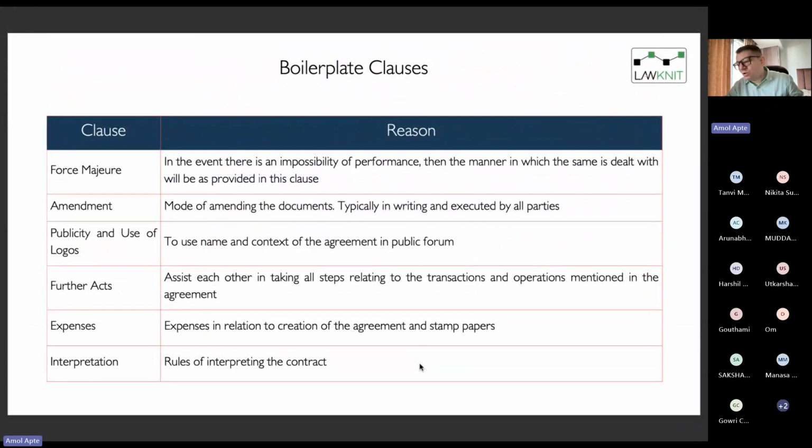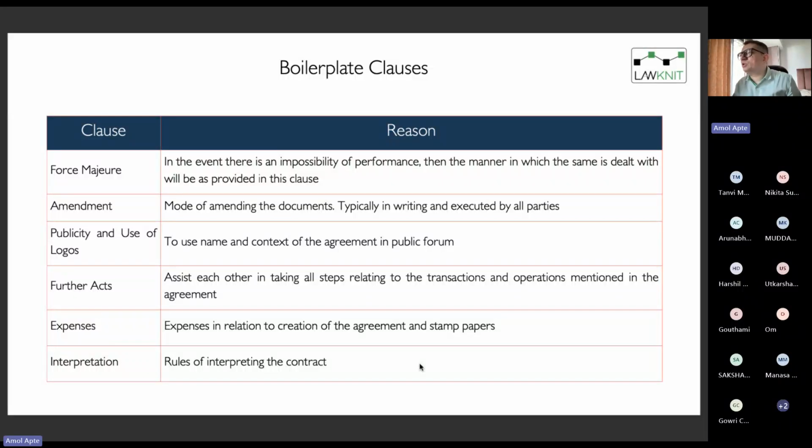Force majeure. After COVID, this clause has become the most talked about clause. Typically, it deals with events which are not within the control of any of the parties, and because of which the performance of obligations becomes impossible for the parties. And then you define what happens.